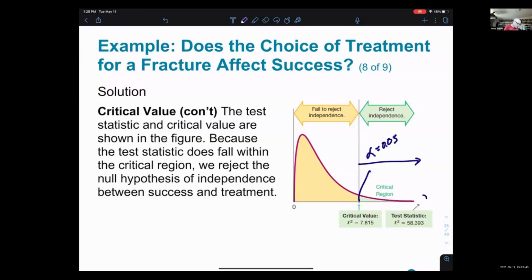Since the test statistic was way over here, you were way off in the critical region. There's much less than a 5% chance that this would have happened if the variables were independent. And since the p is low, we reject the idea that the variables are independent and say that they're dependent. The evidence supports that they're dependent.